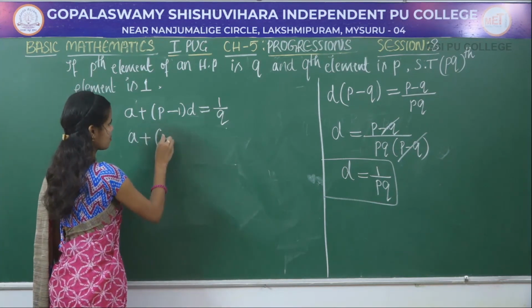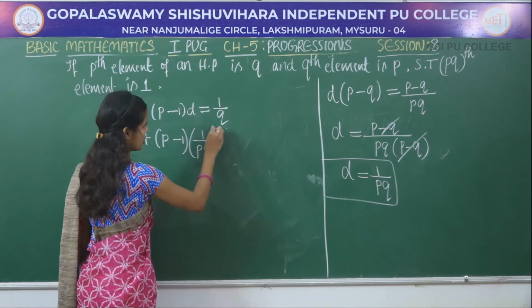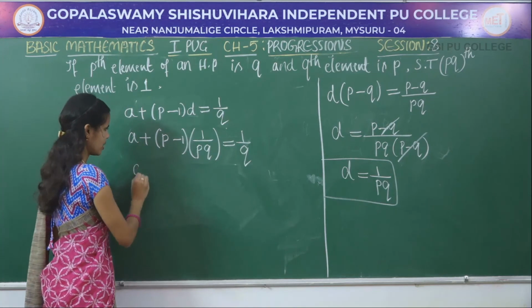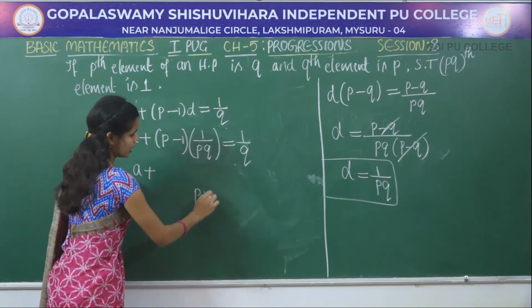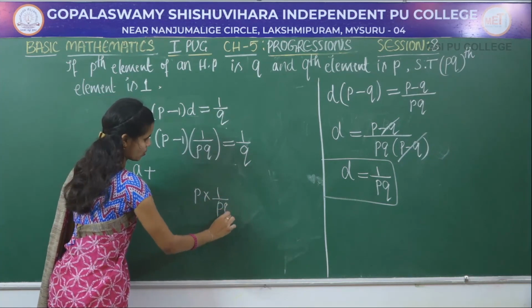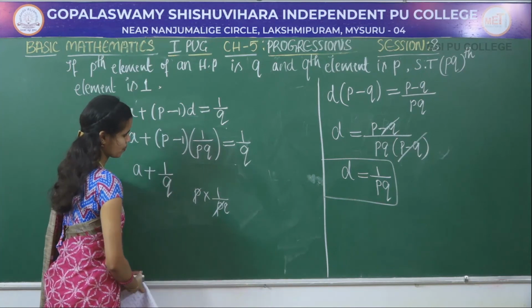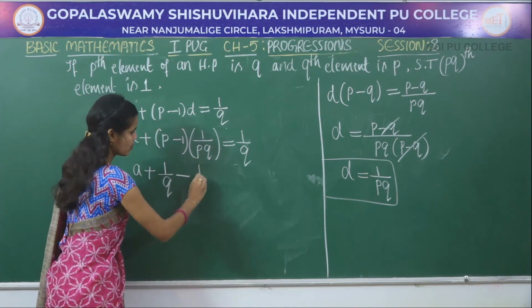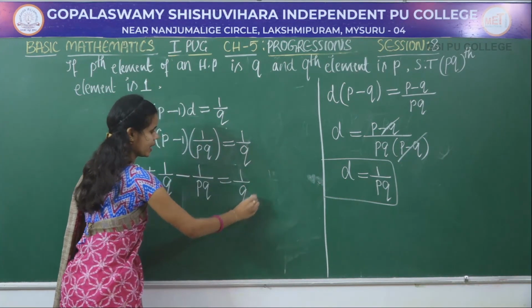So a plus p into 1 by pq, the p's cancel, giving 1 by q, minus 1 into 1 by pq, is equal to 1 by q.